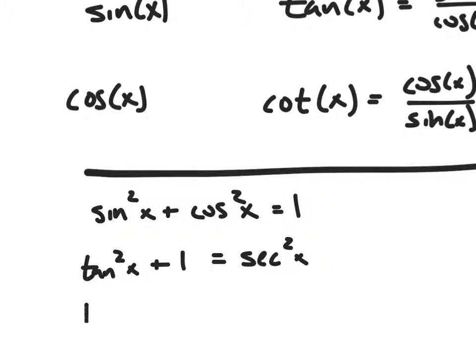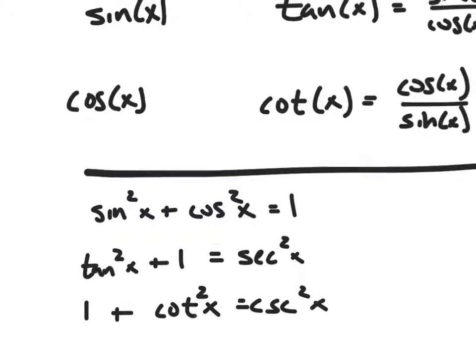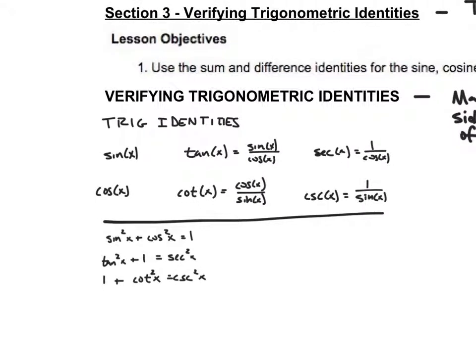Okay, and then 1 plus cotangent squared x is equal to cosecant squared x, okay? So these are just our generic trig identities that we need to know, and those are just ones we need to have memorized, because these are the ones that we're going to be using quite a bit to do this work here.